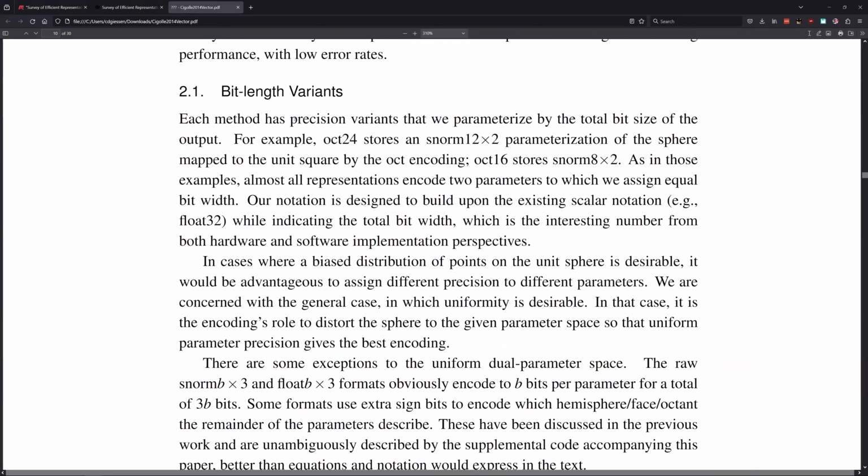So the different encoding patterns can then be subdivided into bit length variants, where we parameterize by the total bit size of the output. You know, octahedral 24 has 12x2 parameterization onto the unit square. Oct 16 is S norm 8x2. And most of the representations, except for the naive ones, use 2 parameters, which get an equal bit width.